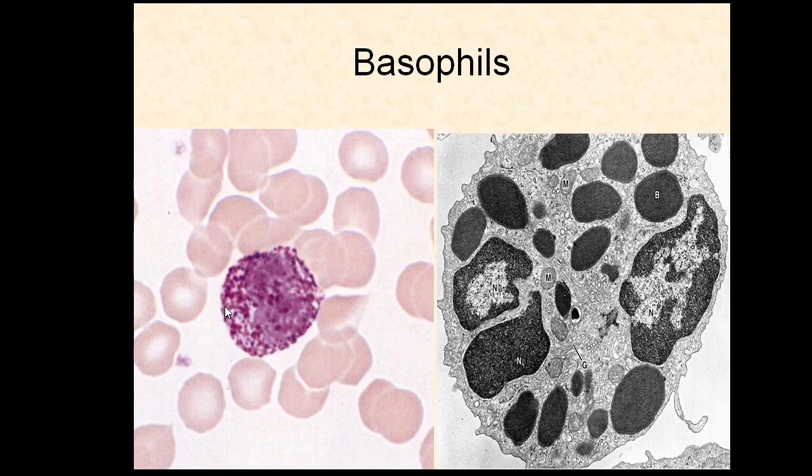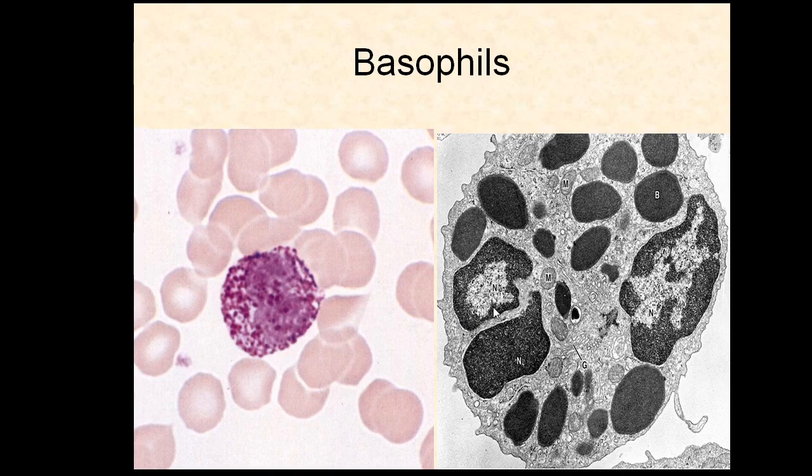basophil under the light microscope, after the Romanovsky-Giemsa staining. You see large blue granules in the cytoplasm, and a bi-segmented nucleus, one and second segment. It is a transmission electron micrograph.